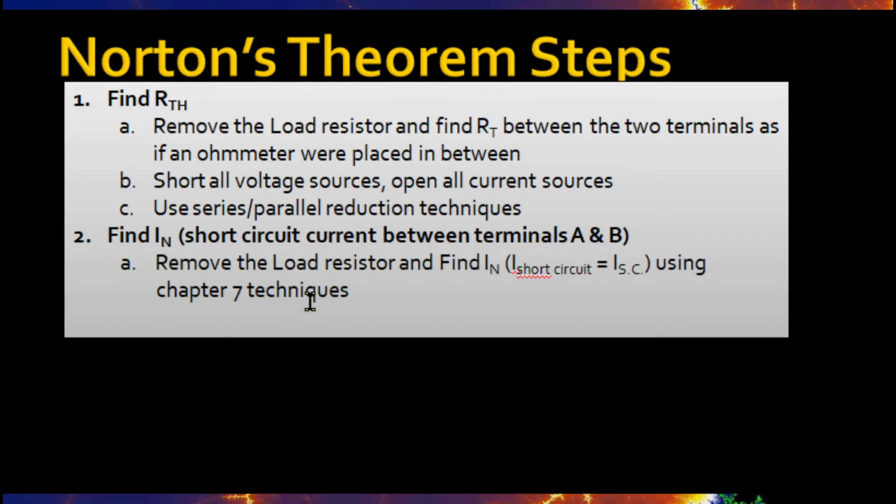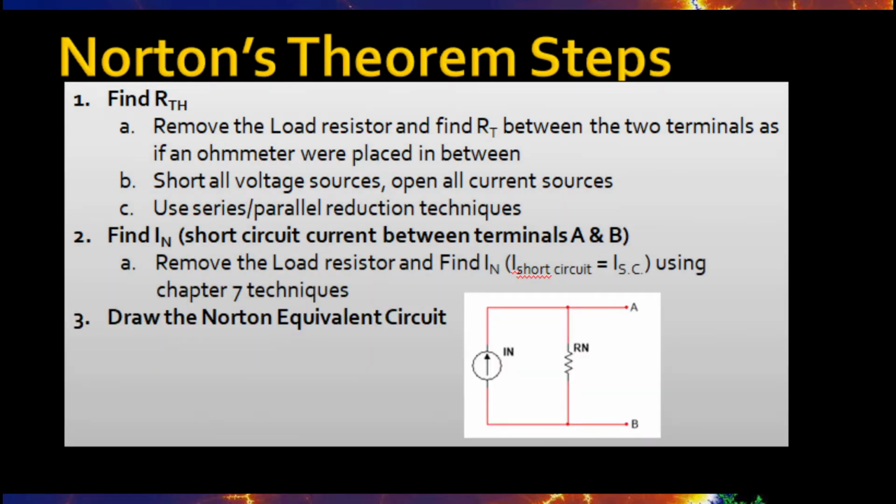Once you have that current through that branch, then you can draw what's called the Norton equivalent circuit. This is your Norton current in parallel with your Norton resistance, which is also your Thevenin resistance. You put the load resistor between A and B, and essentially you can set up a nodal analysis. The only thing is you already know what the current coming into that node is.